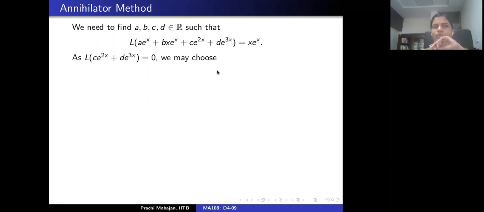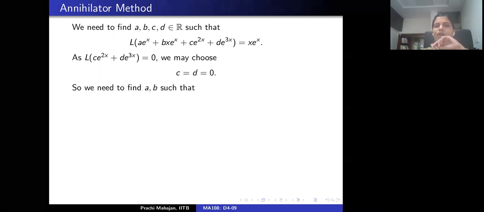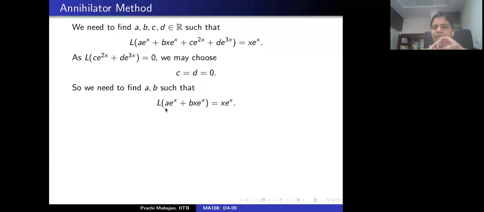So we may choose c and d to be 0. No matter what values of c and d we choose, they are going to be annihilated by the operator L, so we may as well choose them to be 0. That is going to simplify our calculations. So we start with the candidate solution a exponential x plus b times x exponential x. And that's it.